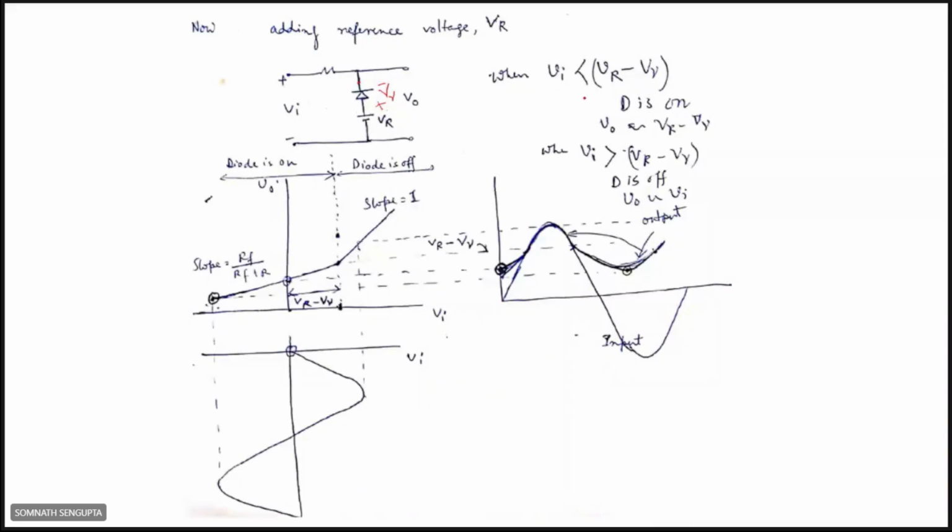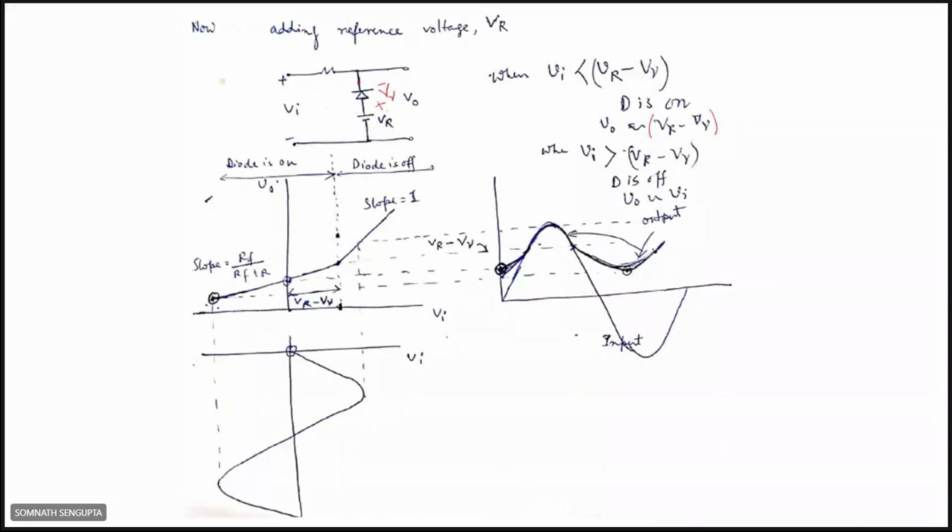So here I have written, you see, that when the input is less than VR minus V gamma, VO is equal to, so what is the output at that time? Our output will be clipped at this amount, VR minus V gamma, that is this value. But it is not actually a straight line. It looks like an attenuated graph.